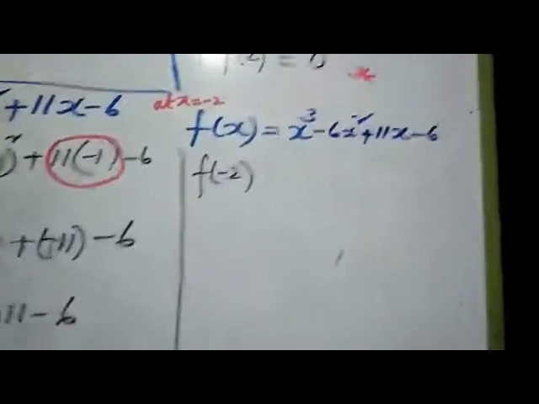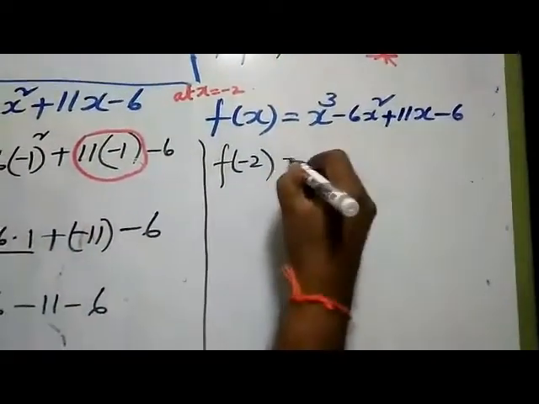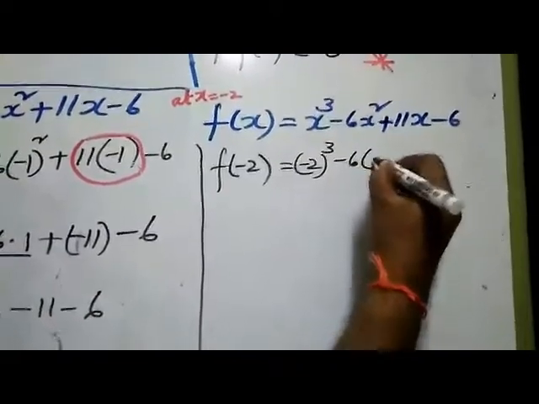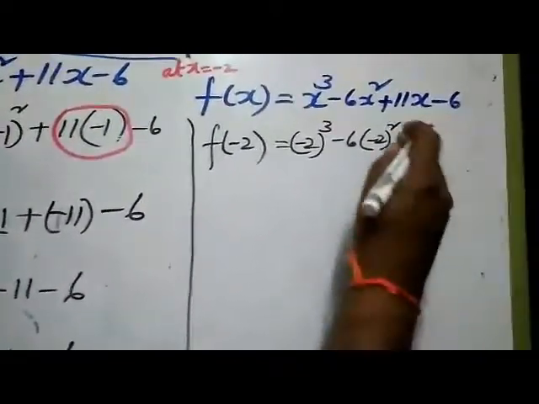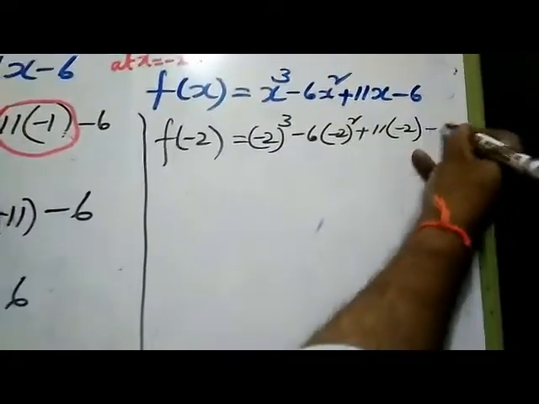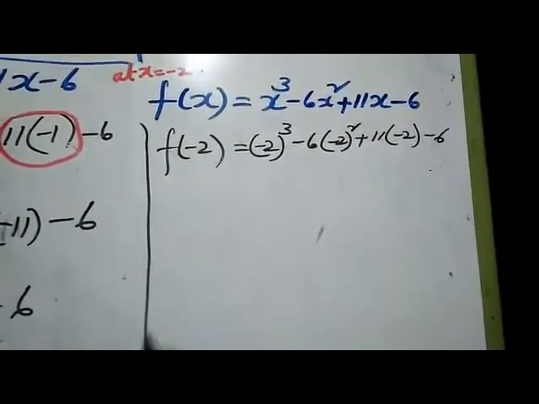So f of minus 2 is minus 2 whole cube, 6 into minus 2 whole square, plus 11 into minus 2, minus 6.